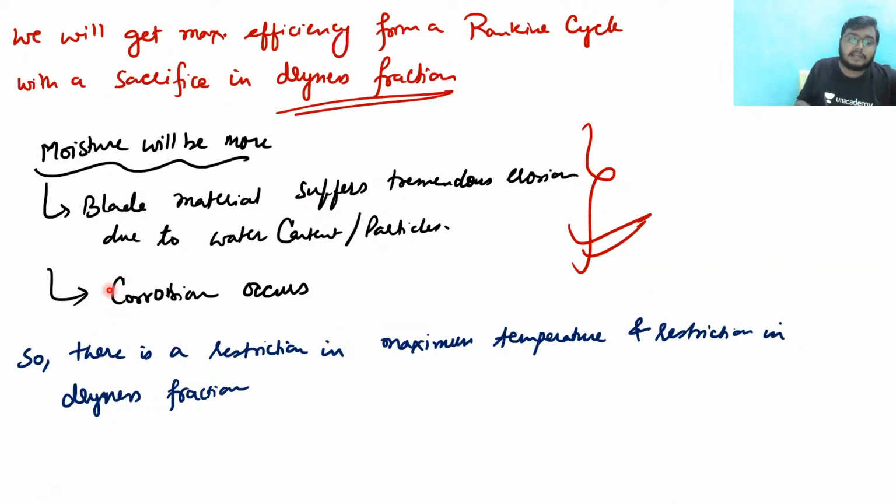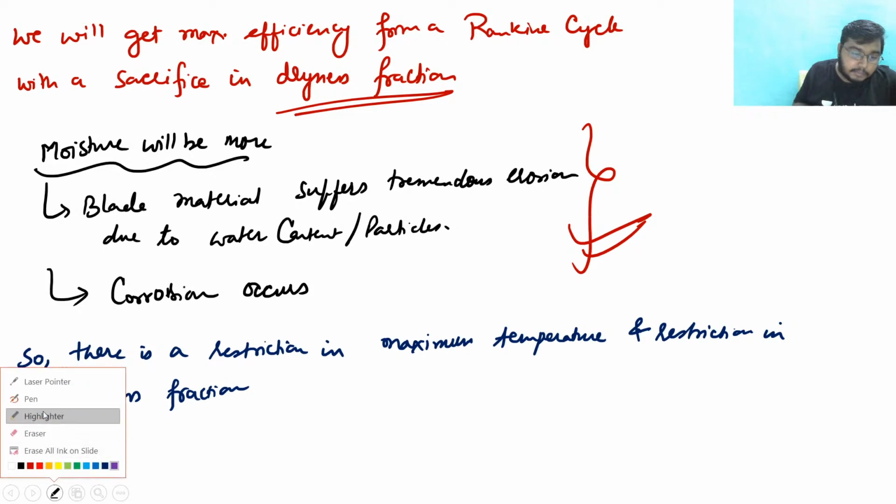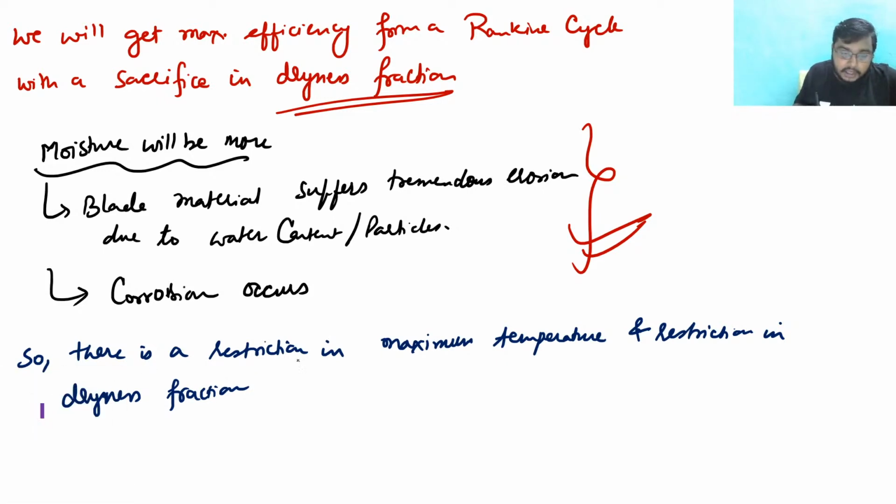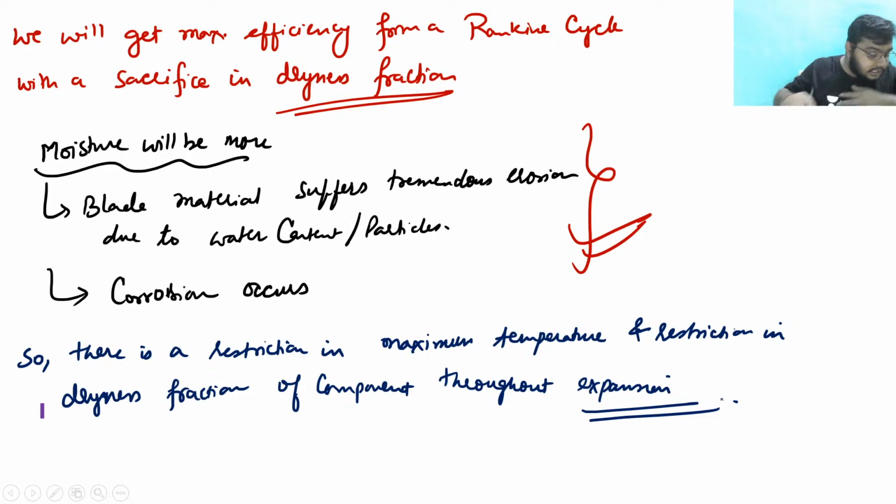And hence with this sacrifice, I can say there is a restriction in maximum temperature and a restriction in the dryness fraction. So there is a restriction in both of them. Dryness fraction of the component throughout expansion. This thing is clear or not?